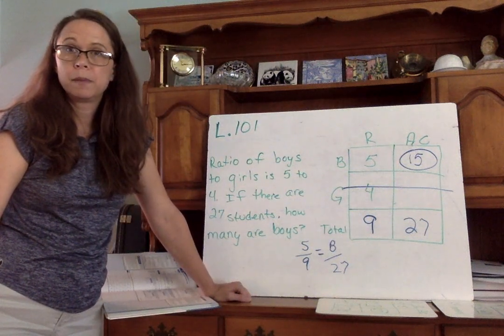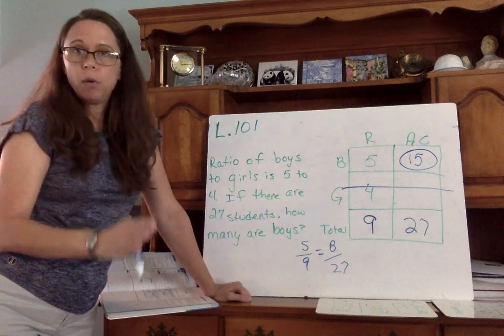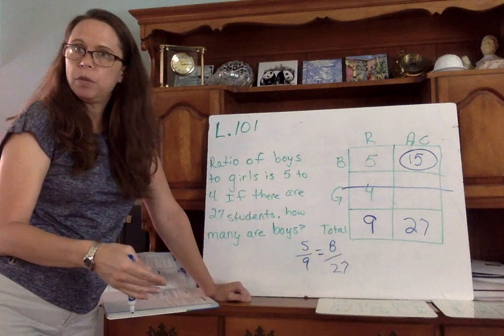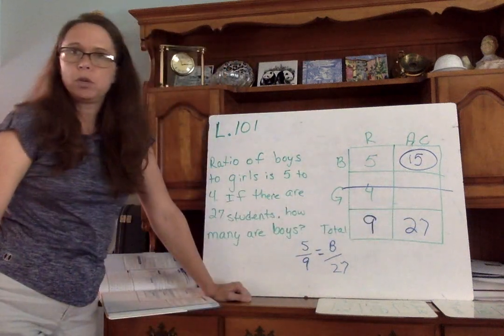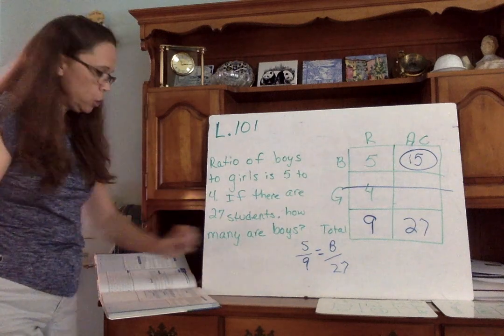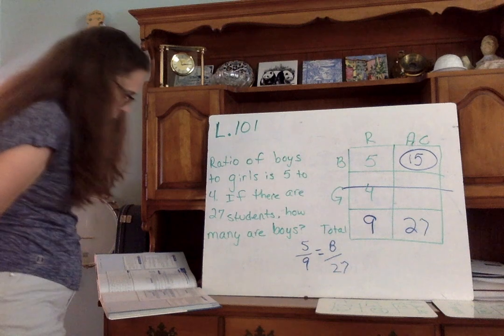It's a fairly easy lesson. All we're doing is taking what we already know about ratios and creating ratio boxes to find the missing part, and we're adding an extra row for total. Look in your book at page 528 and 529.